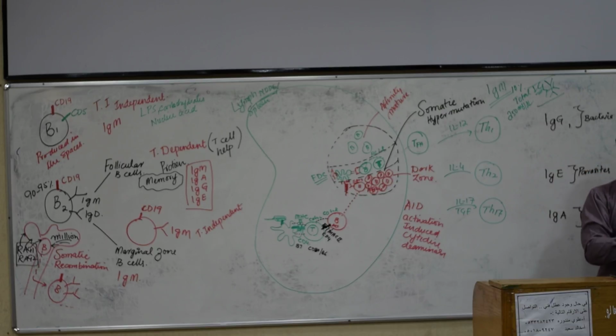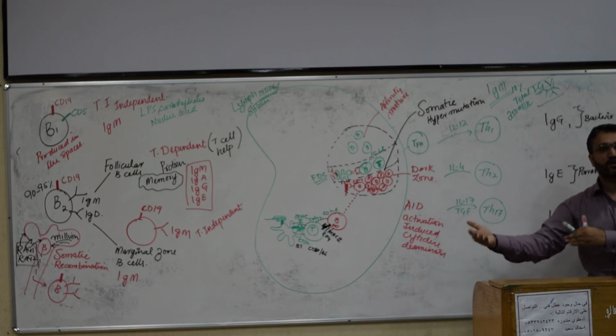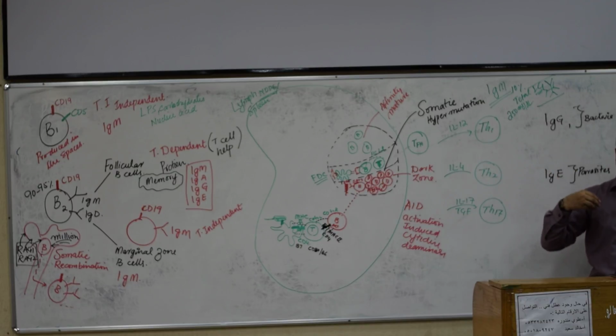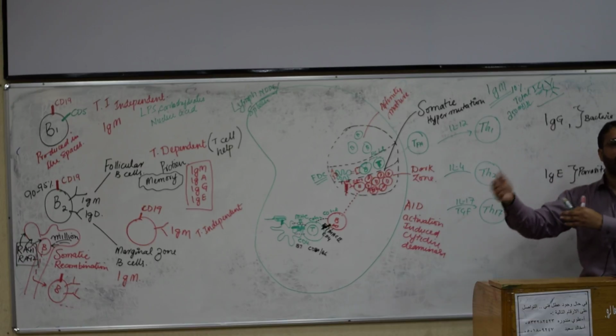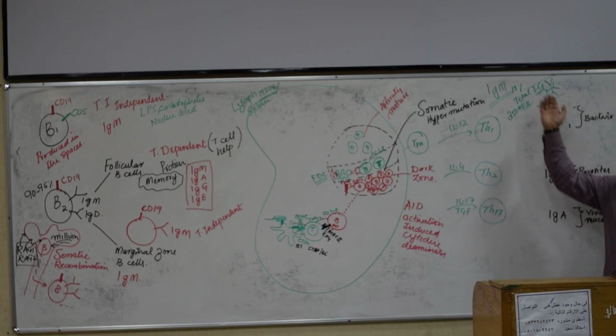In primary immune response there are no memory cells, so the response takes a long time. While in the secondary immune response, there are memory cells, so there is immediate response. And mainly IgG or IgE or IgA will be produced. While in primary immune response, it's mainly IgM.